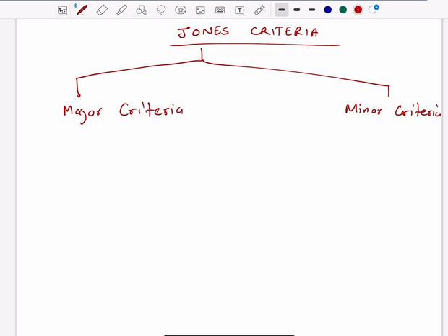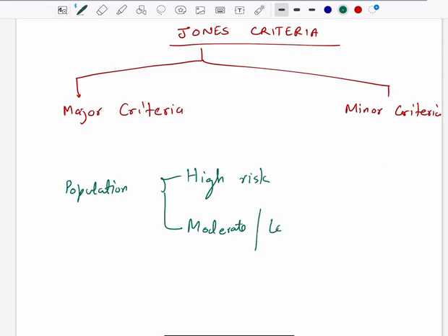Before starting with the major criteria, an important thing is to take the population into the picture, whether the population is at high, moderate, or low risk.